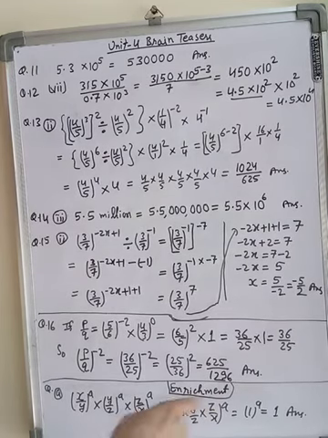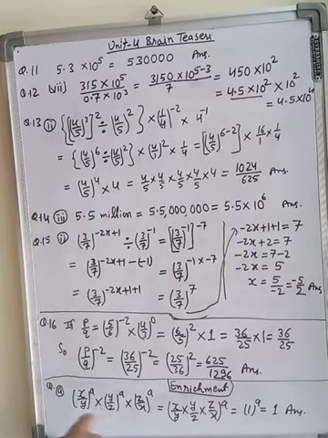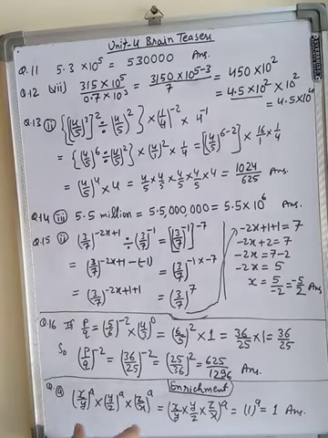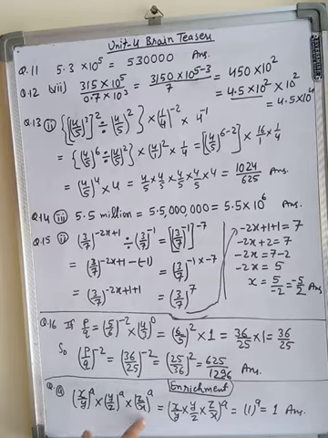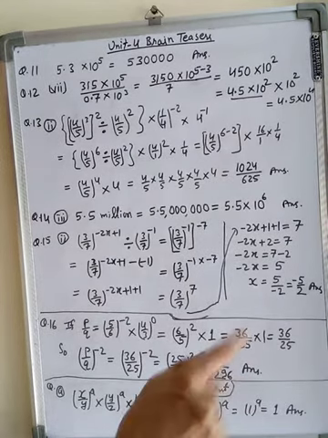Now the enrichment question, x upon y into y upon z into z upon x, and here the powers are same. So which law will we apply? When the powers are same, then their bases will be written under one bracket. By that law you have solved all such questions in different worksheets.